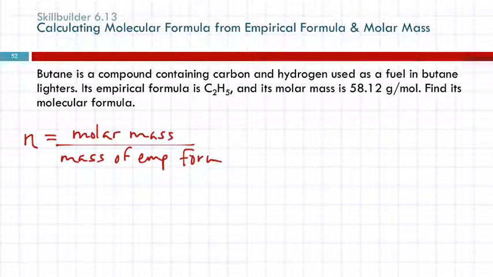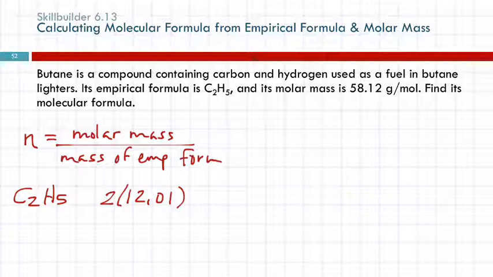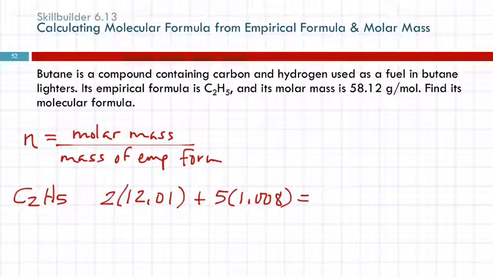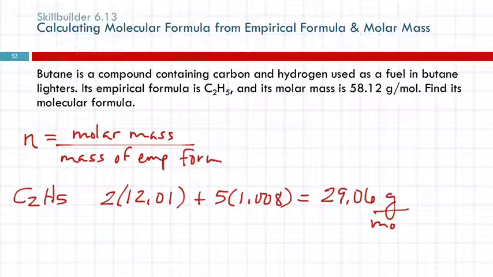Okay, so the mass of the empirical formula, we've got C2H5. So 2 times the mass of carbon plus 5 times the mass of hydrogen. So 2 times 12.01 plus 5 times 1.008, 29.06. You can write that as grams equals 1 mole, or that's grams per mole of that empirical formula.